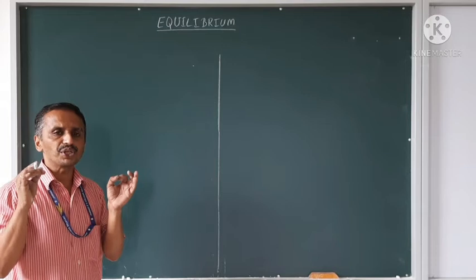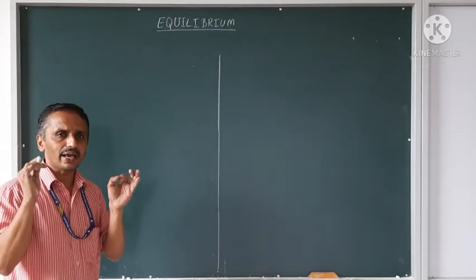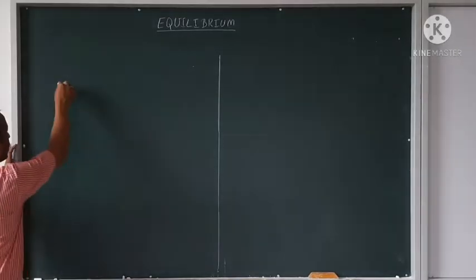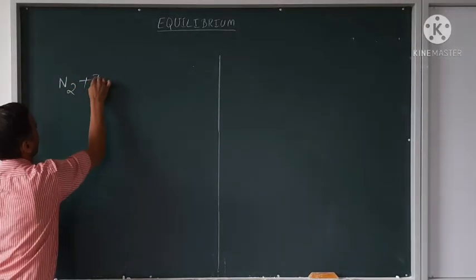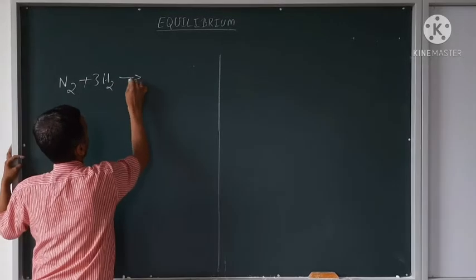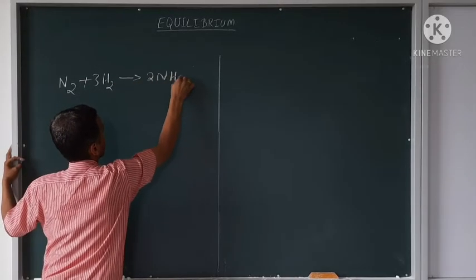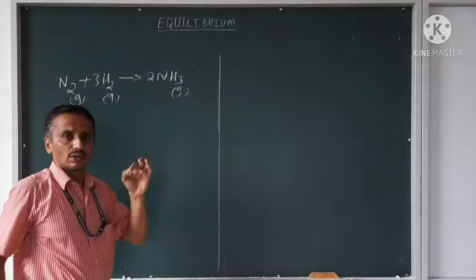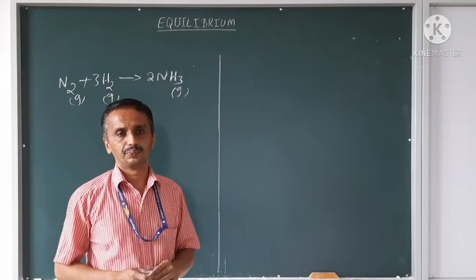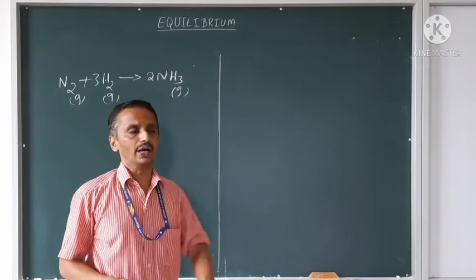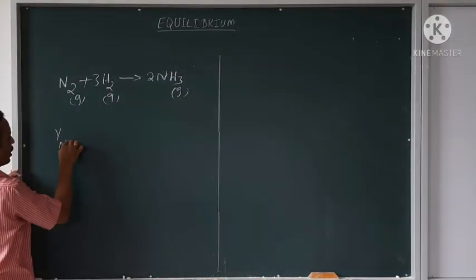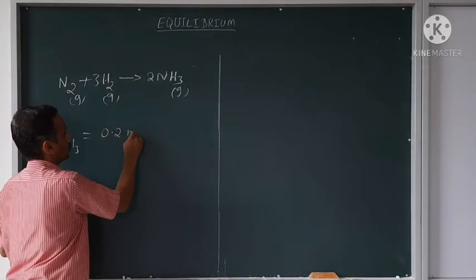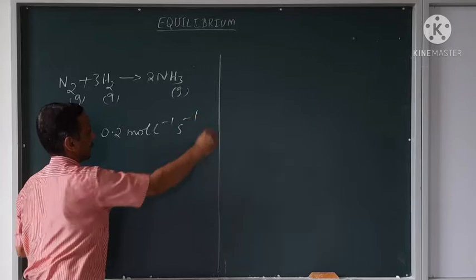For the formation of ammonia by the reaction of nitrogen and hydrogen in Haber's process, the reaction is this one: N2 plus 3H2 giving 2NH3. All are gases. Rate with respect to formation of ammonia is 0.2 mole per liter per second.